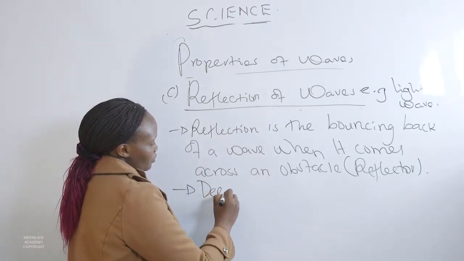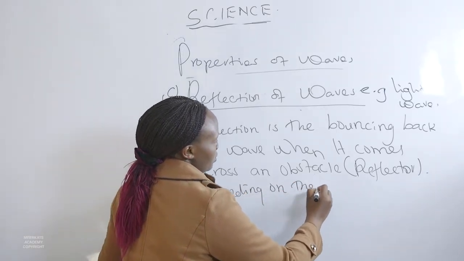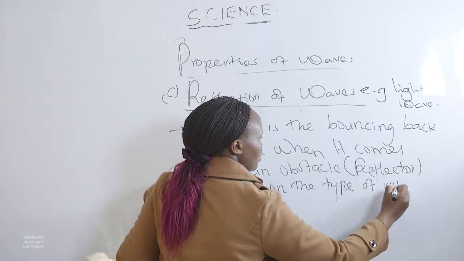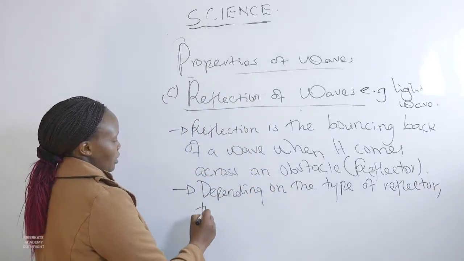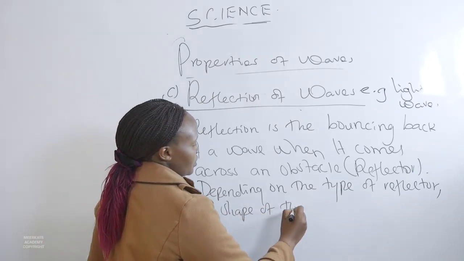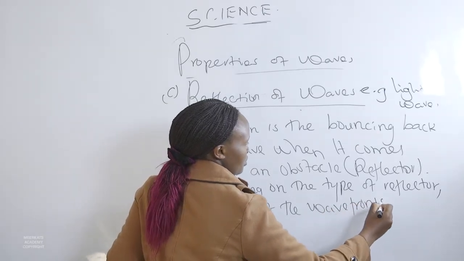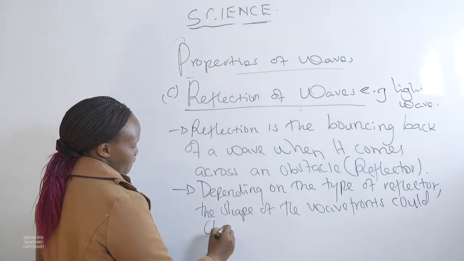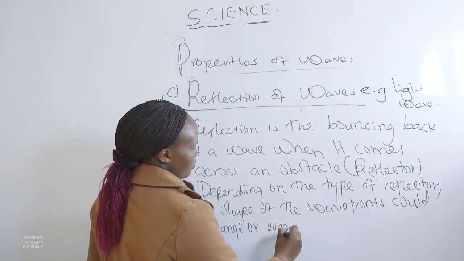So we can note that depending on the type of reflector, the shape of the wave fronts could change or even be maintained.